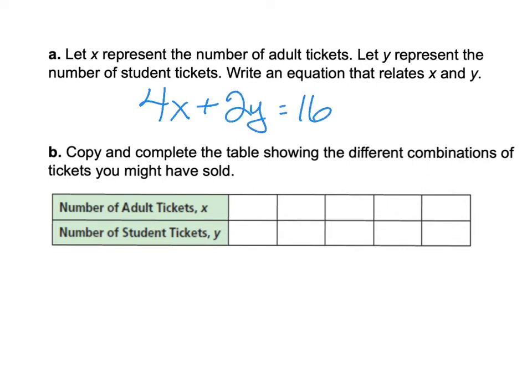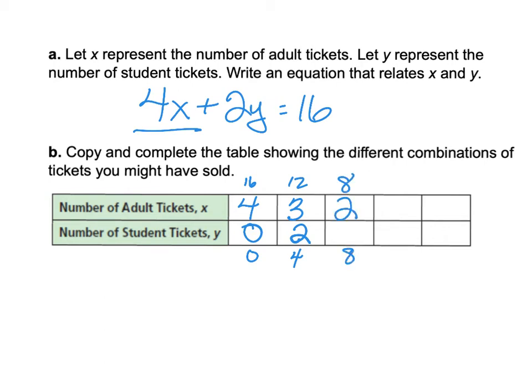We could do a table. If tickets are $4 a piece for adults, we would buy 4 of them to get 16. That means 0 student tickets. If we bought 3 adult tickets, 4 of them would be 16, 3 of them would be 12. So then we would have 4 more dollars, which is 2 student tickets. Down to 2, that would give us $8.